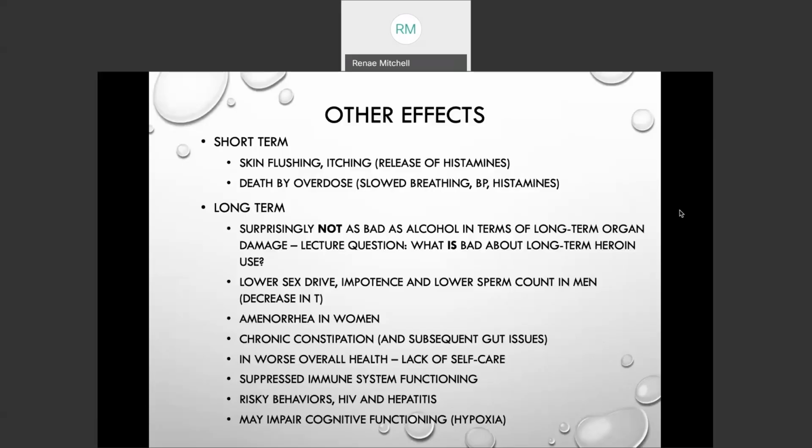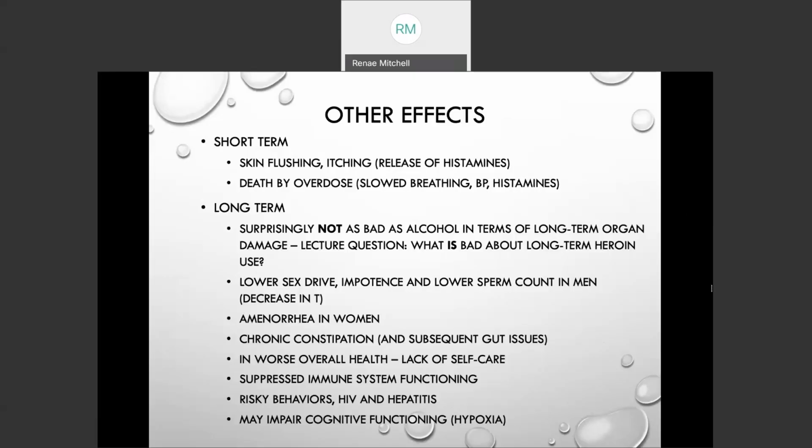And it is possible to experience short-term death by overdose, which could come from the slowed breathing, the depressant effect on the central nervous system, a decrease in blood pressure because of that depressant effect, or actually an intense, quick, and large release of histamines in the body can result in sudden death. It's somewhat of an allergic reaction that the person responds to with their system shutting down.